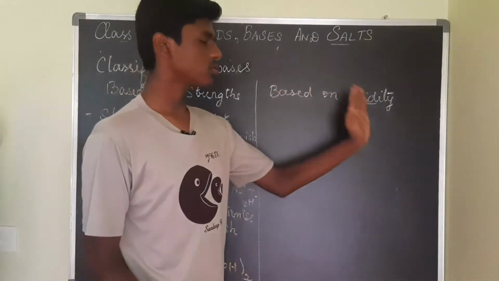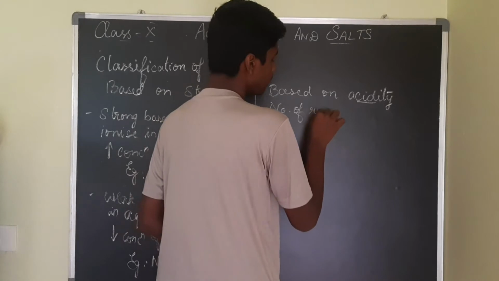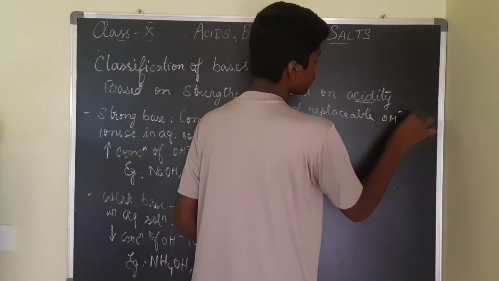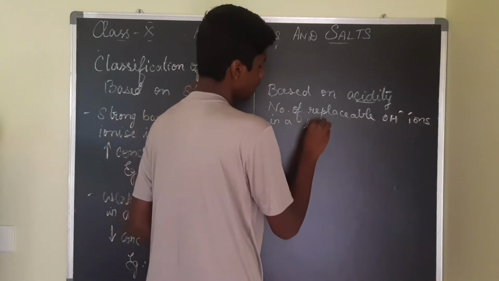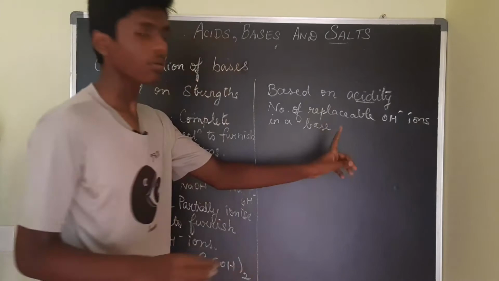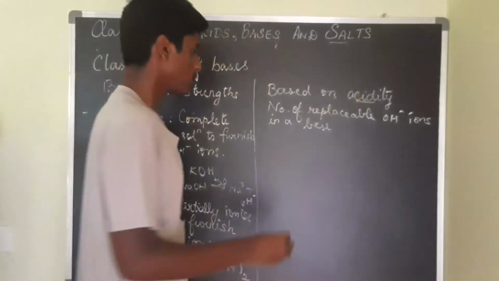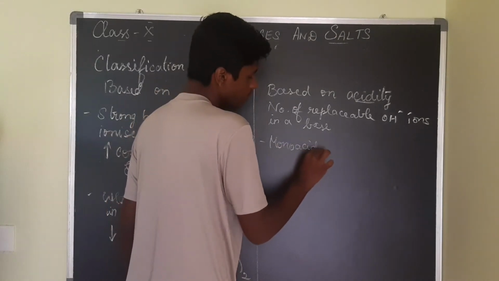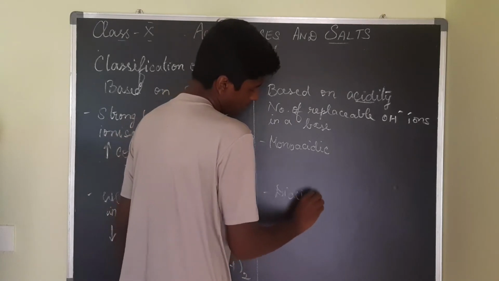Next is based on acidity. Acidity is nothing but the number of replaceable OH minus ions in a base. It is divided into monoacidic base and diacidic base.